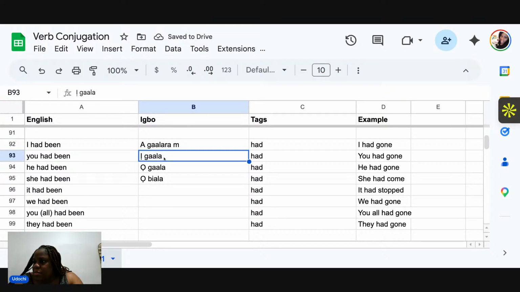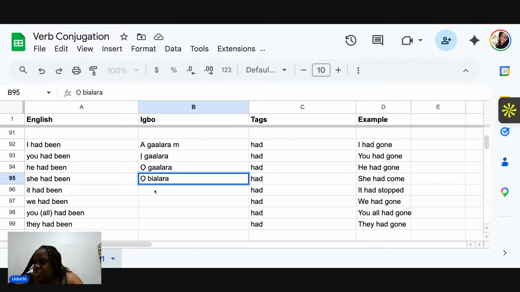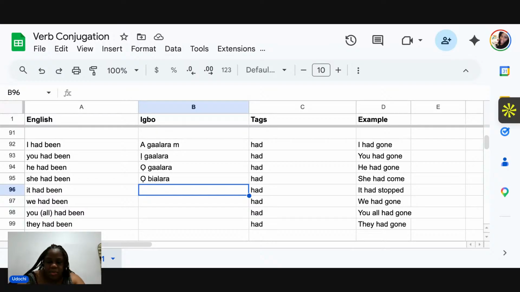Igalara. Ogalara. Obialara. She had come. It had stopped.